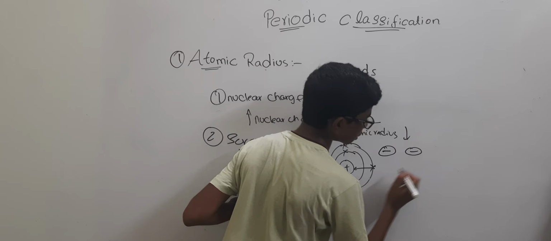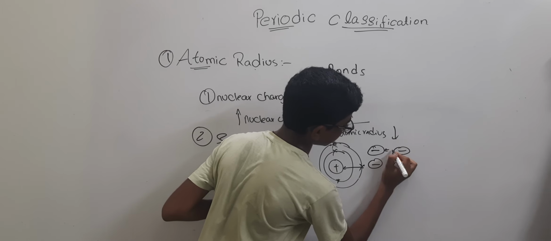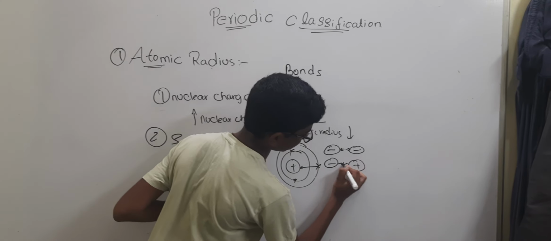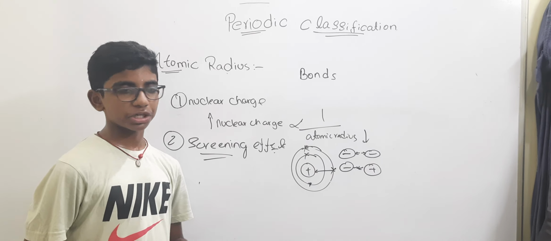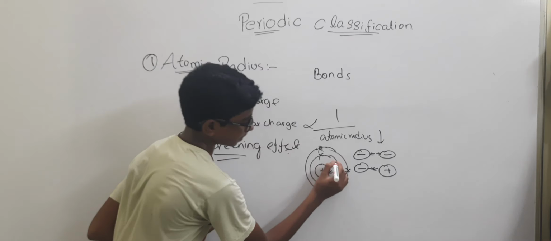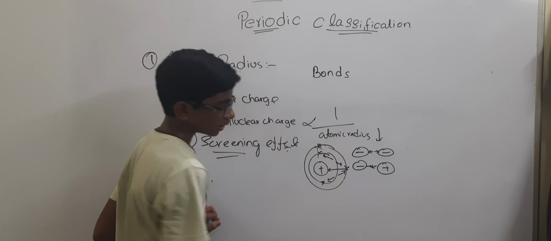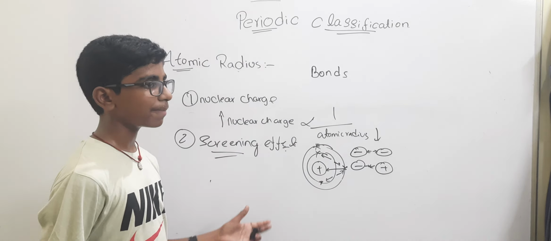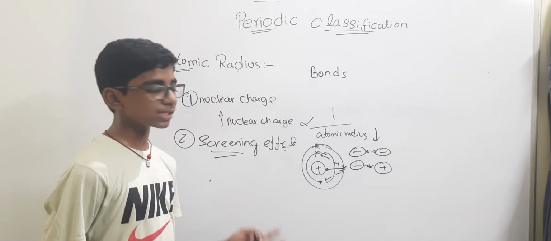Negative charge repels, positive charge attracts. The electrons are both negative charges, so they repel each other. This repulsion is known as the screening effect.